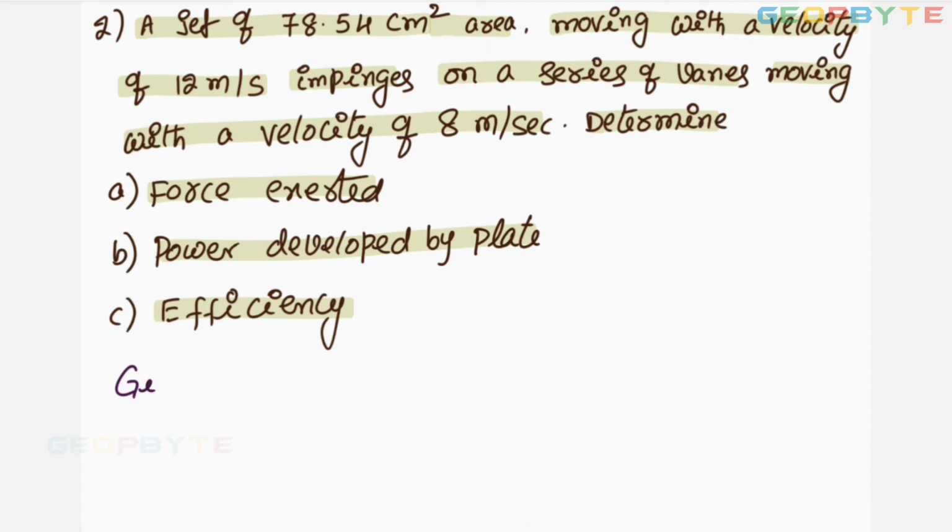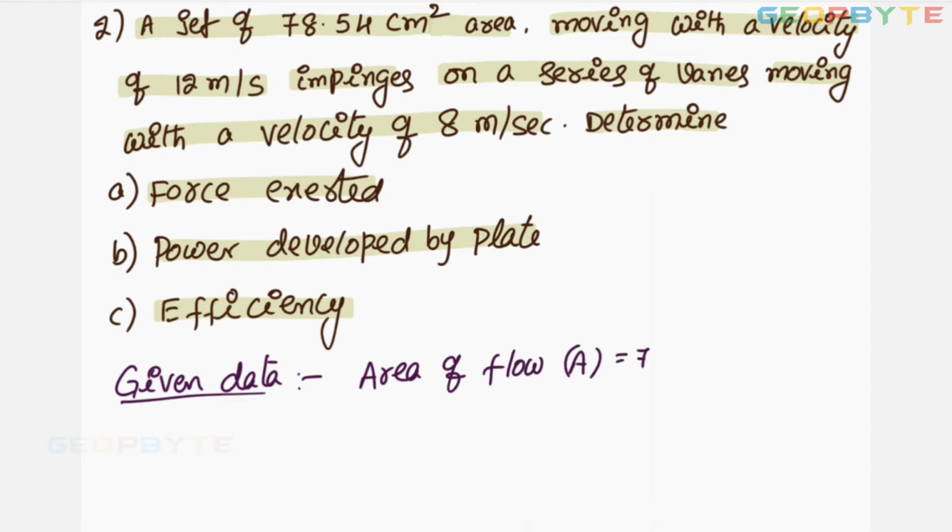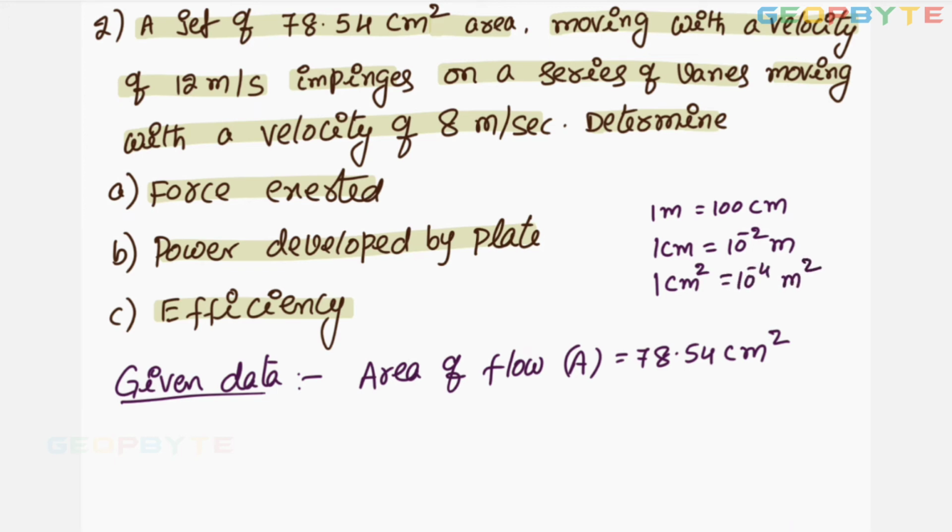Let me write the given data. Area of the flow A equals 78.54 centimeter square. As we know, 1 meter equals 100 centimeters, 1 centimeter equals 10 power minus 2 meters, 1 centimeter square equals 10 power minus 4 meter square.